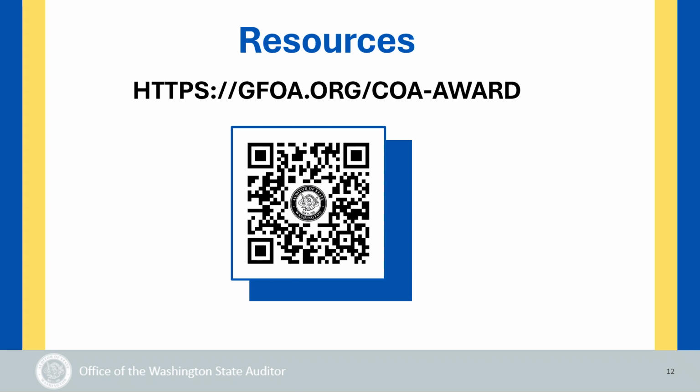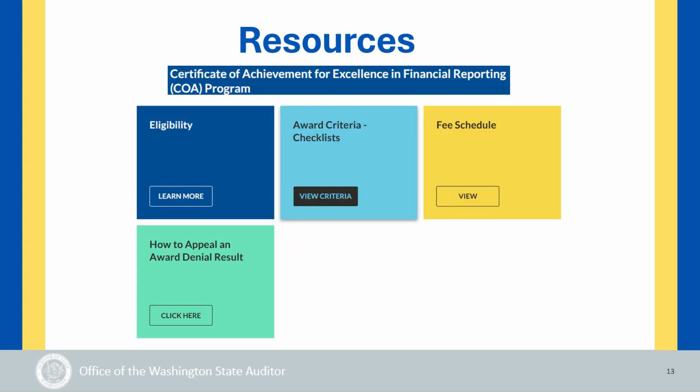The next resource is provided by GFOA. To find the COA award information, visit GFOA by typing in the website displayed on your screen or by scanning the QR code. Again, feel free to pause this video and take a moment to pull up the GFOA website. Once you are on the awards page, scroll down until you see the following boxes.